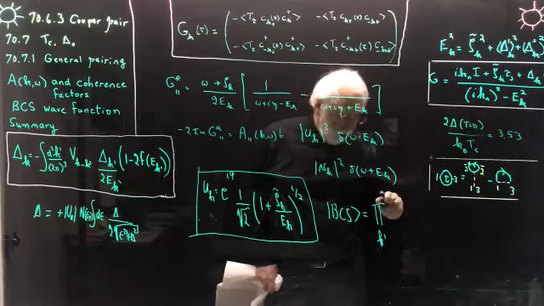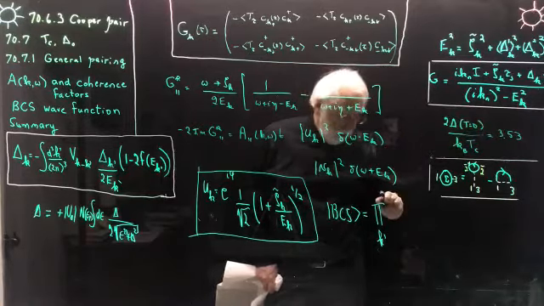And then you don't act on the vacuum, you act on the vacuum of the Nambu spinors. The Nambu spinor is a C and a C dagger.